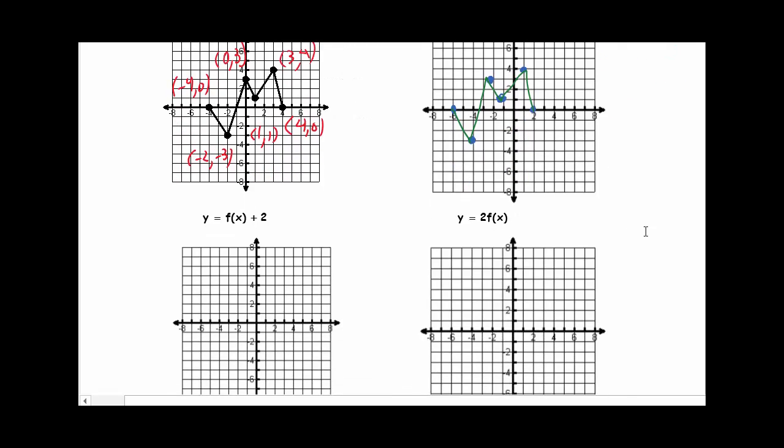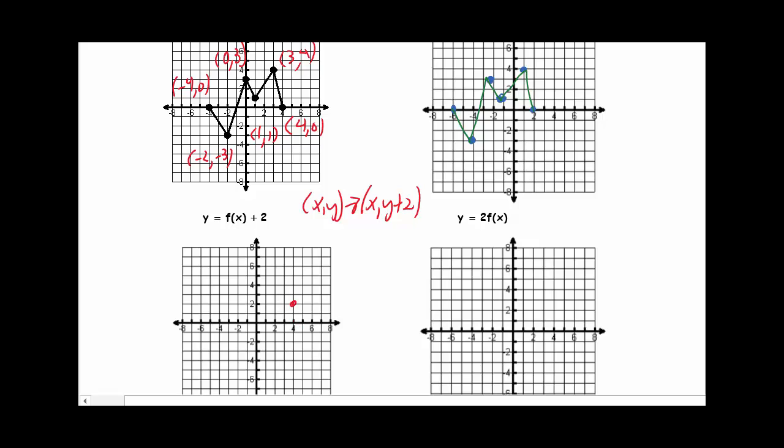Right below this, the next one, f of x plus 2. Okay, so what is that going to change? Well, the plus 2 on the outside means we're affecting the y values. So all of my y values are going to be 2 units higher. And then I can just do what I did before, go point by point and count 2 up.